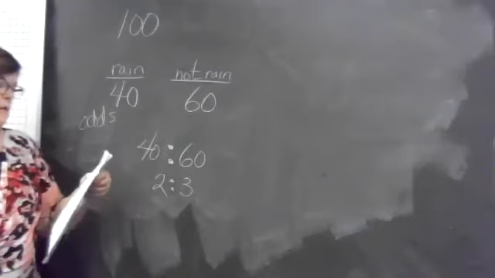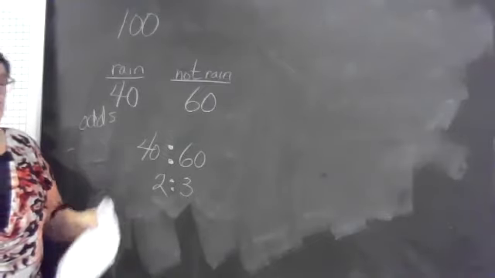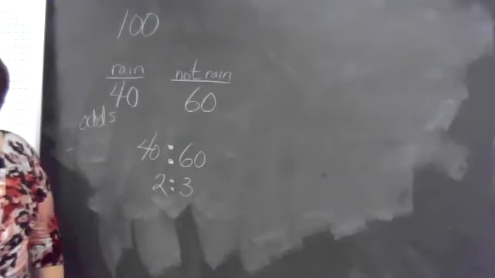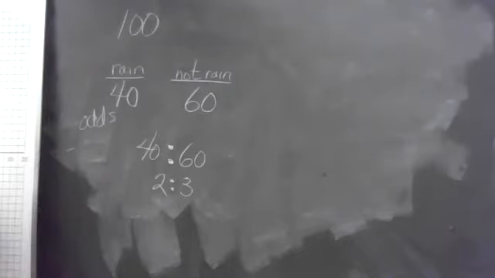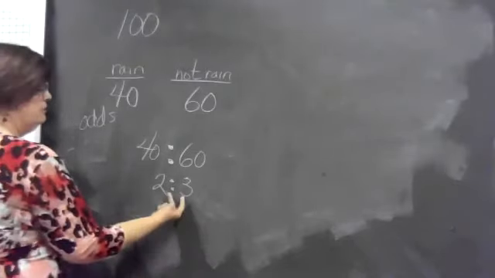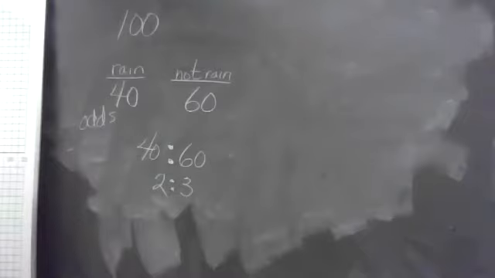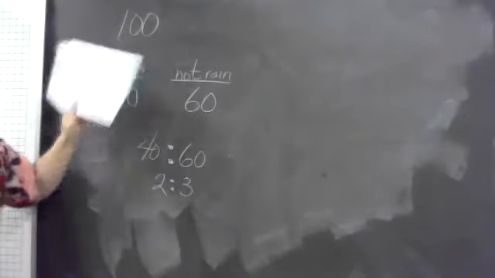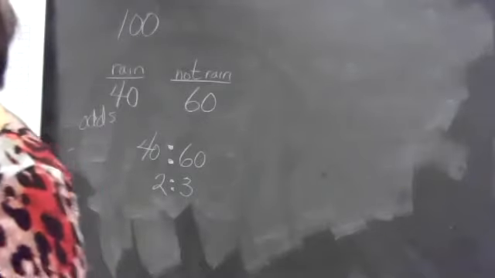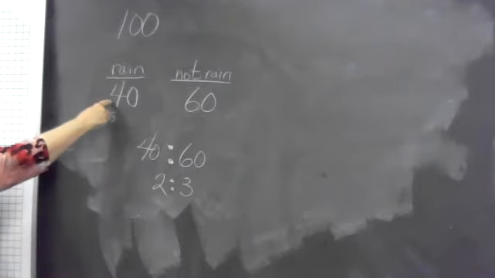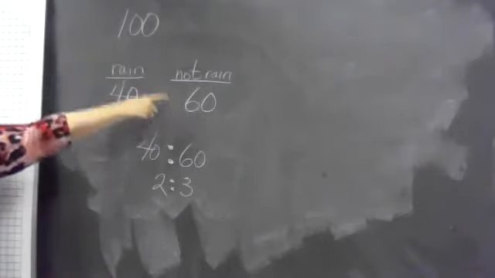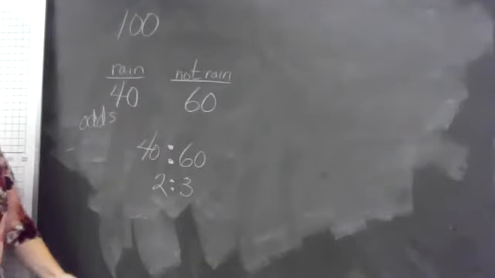So if they turn that around and said, find the odds that it will not rain today, can you see that our odds are just going to be flipped? Rain or not rain. So this is how you deal when it gives you a percent. The total is going to be 100. And then whatever percent they give you will be here. 40%, 60%. Does that help clear that up?